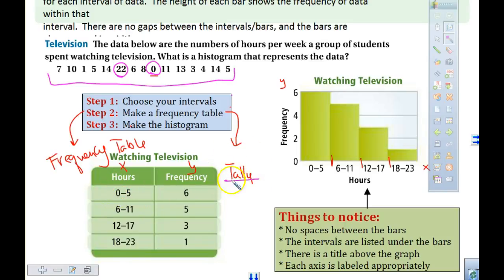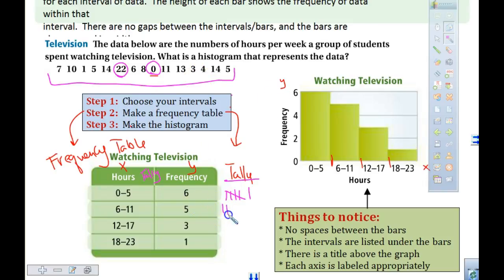I want you to put the word tally behind here. Because generally when you are going to be making a histogram, you might even actually put the tally here and then put your frequency. So if you remember in elementary school, when you surveyed people, you did these tallies. This was just telling us that we went through this data up here, we had 6 tallies, right? We went through.